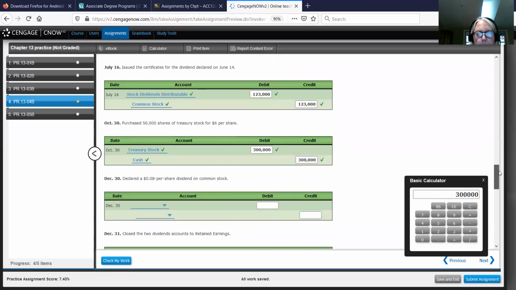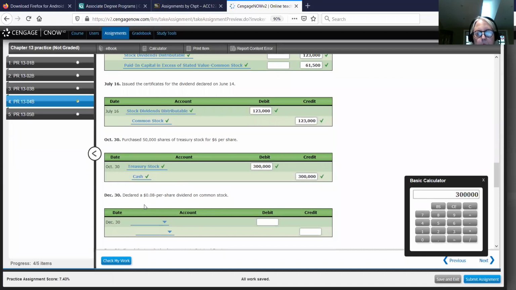In the next transaction, which is December the 30th, we have declared an 8-cent per share dividend on common stock. So we're declaring a cash dividend this time, but we need to know the number of shares of common stock that we have outstanding as of December 30th.